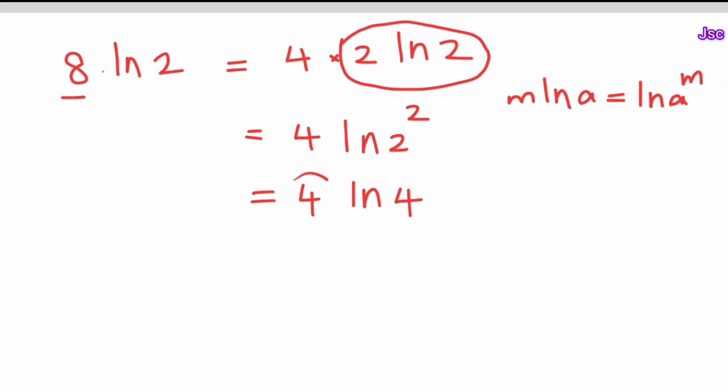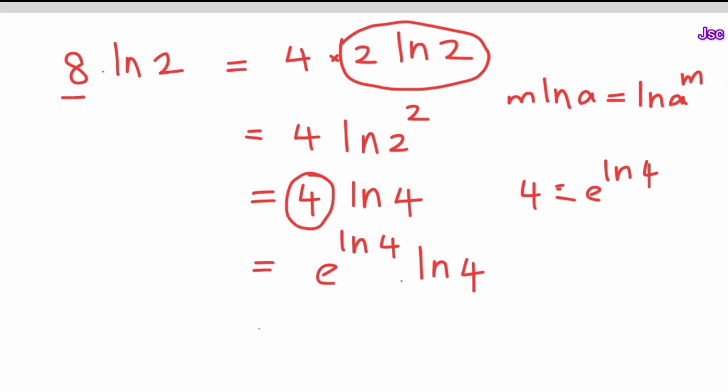Now this 4 we can write as e^(ln 4), isn't it? So let's take 4 in exponential form, that is e^(ln 4) times ln 4. First write the ln 4 term, then write the exponential term. Now it is the same as a times e^a, the Lambert W function.